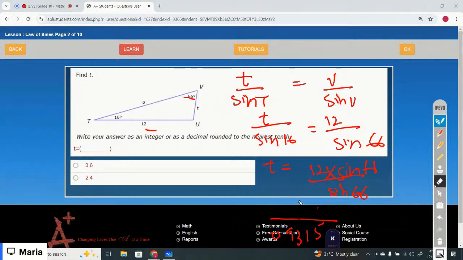I made a mistake. 3.3072. So just divide 3.3072 divided by 0.9135. That is 3.6. Option number 1 is the correct option. That is 3.6, right?